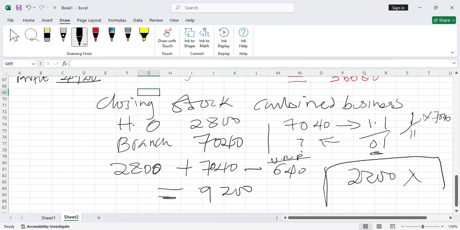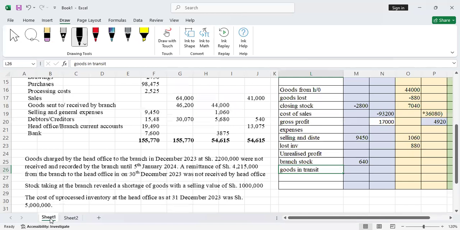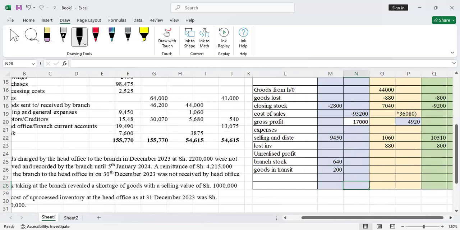Remember, we have to do the 1/11, and this will give us 200. Goods were charged by the head office, 2200, to the branch, and they usually do plus 10%. So the unrealized profit on these items is 200. Remember, we saw it somewhere in the working up there.